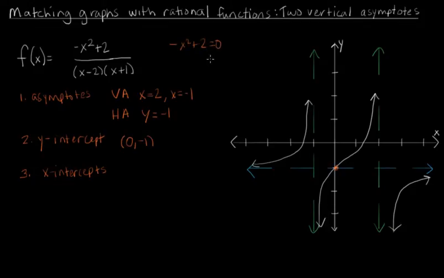We can move x squared to the other side, so x squared equals 2. So x equals plus or minus the square root of 2. This is about 1.4, so here are plus and minus 1.4.